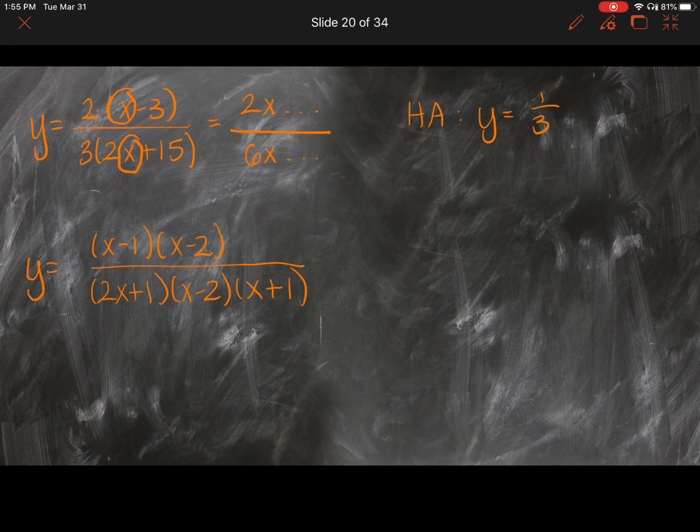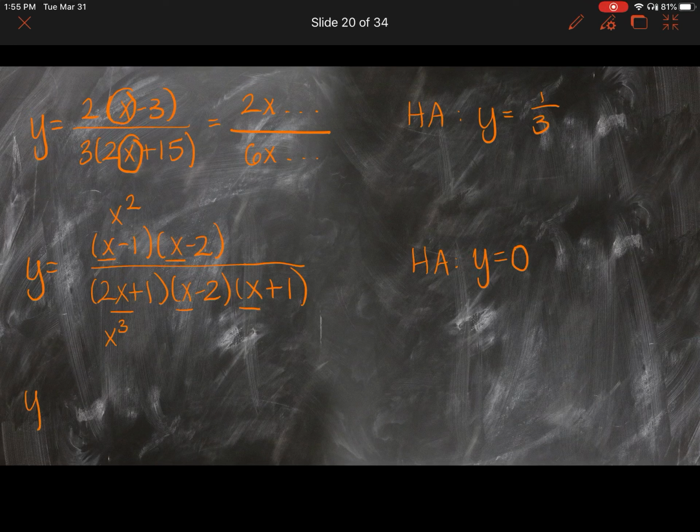Well, you notice we have two x's. The degree of the top is x squared. And on the bottom we have 3 x's. The degree of the bottom is x cubed. So, which category does this fit? Well, the denominator is greater. And what is always our horizontal asymptote when the denominator is greater? It's always y equals 0.